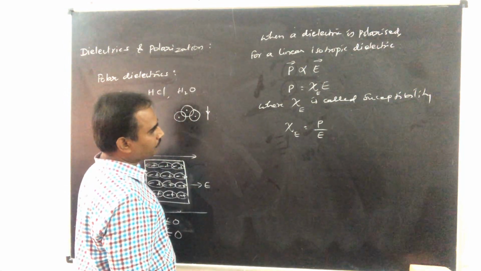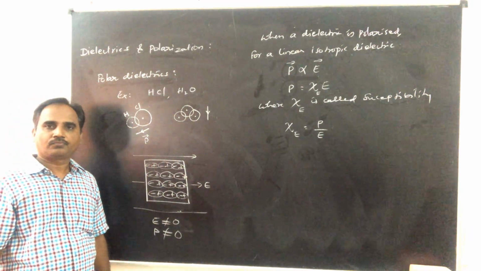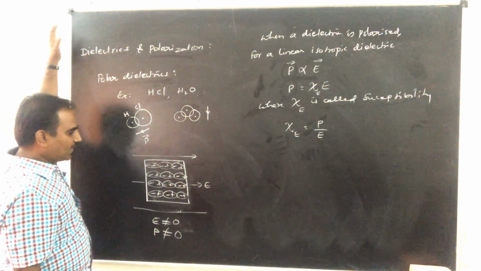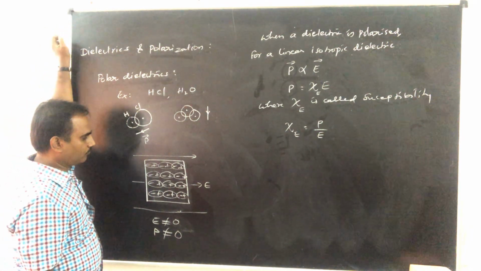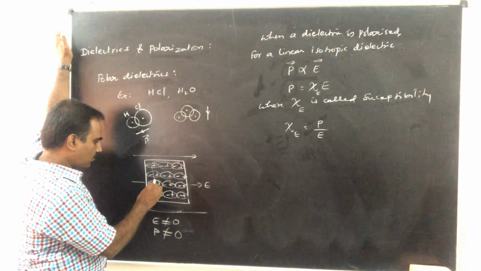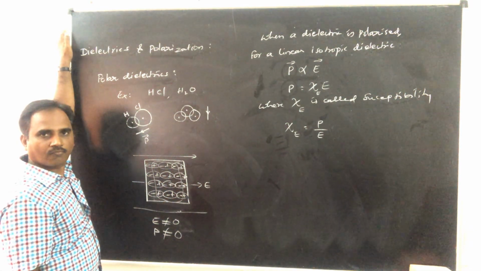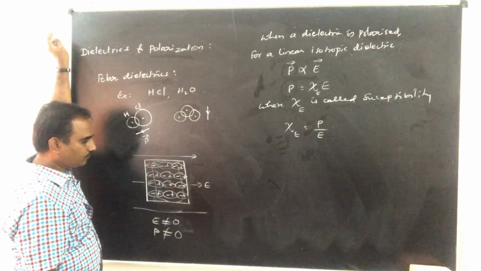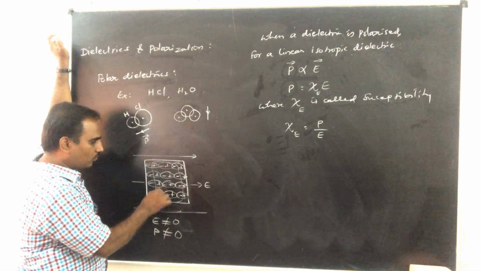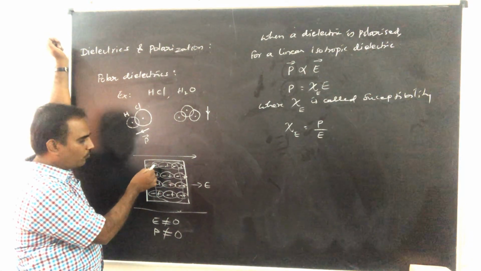Next, whenever a dielectric is polarized, if you consider dipole moment per unit volume, see, if I consider this volume of the dielectric medium, the total charge in this volume is 0, because the negative charge of this dipole almost lies on the positive charge of this dipole.